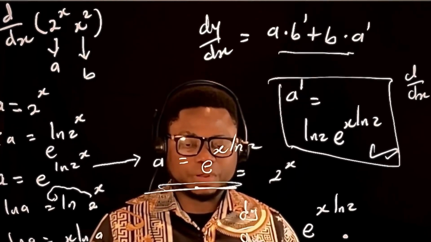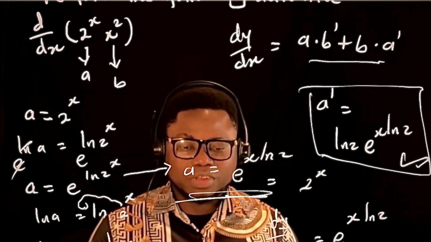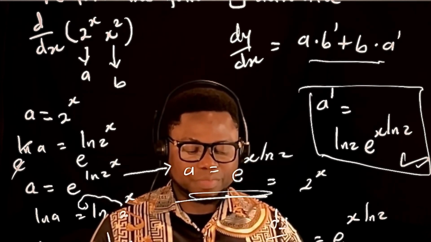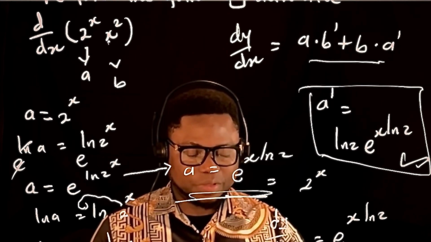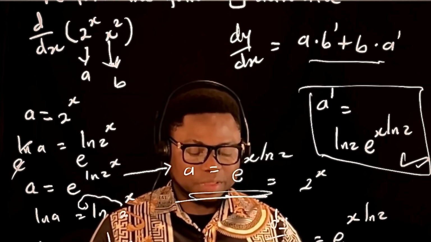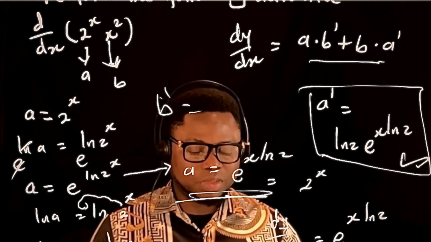So what is our b prime? To get b prime is very easy. This is our b, which is x raised to the power of 2. To get the derivative, that is b prime, it will equal 2 times x.